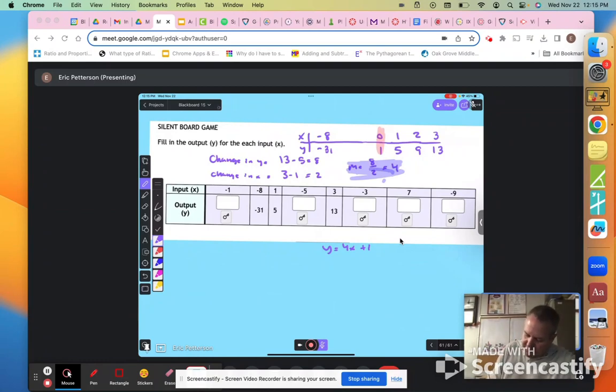So let's go ahead and do -1 as an input. 4 times -1 plus 1 is -4 plus 1, which is -3. Then I'll do -5. 4 times -5 plus 1 is -20 plus 1, or -19. Put in -3. 4 times -3 is -12 plus 1, -11.